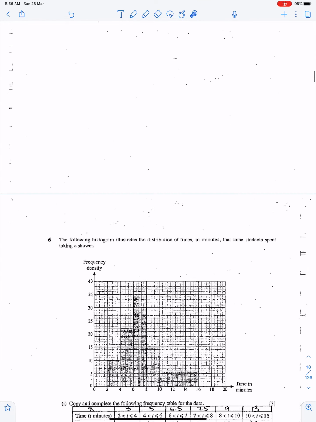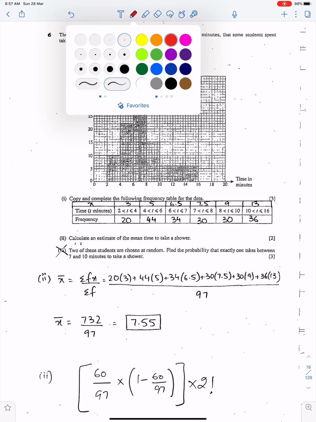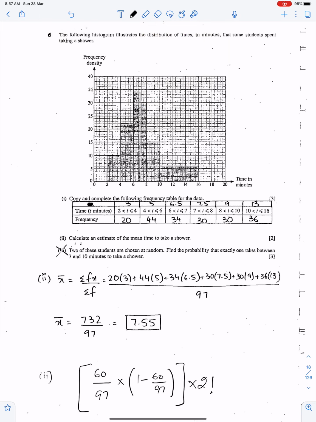We have done this question. 6. Histogram is given. We have to complete the table. The area of rectangle is frequency. So this width is 2 and this height is 10. So 10 times 2 makes 20. So you can complete the table in this way. Now estimate mean. This is so simple. Get the mid value and write x here, write t here, because data is in the form of t.